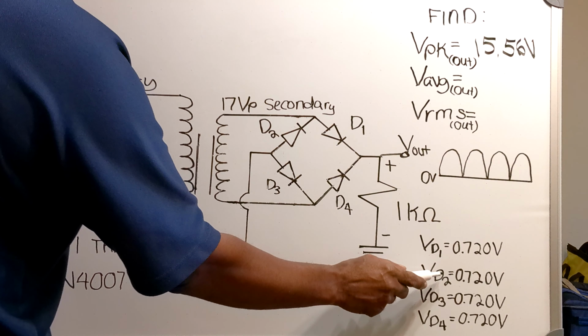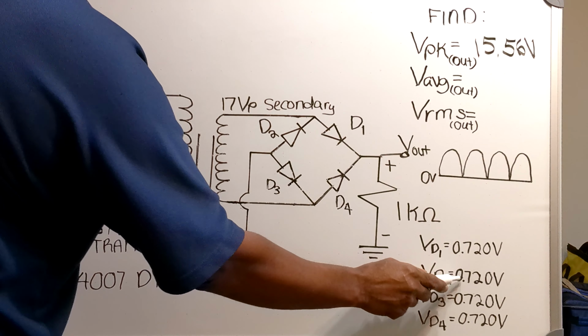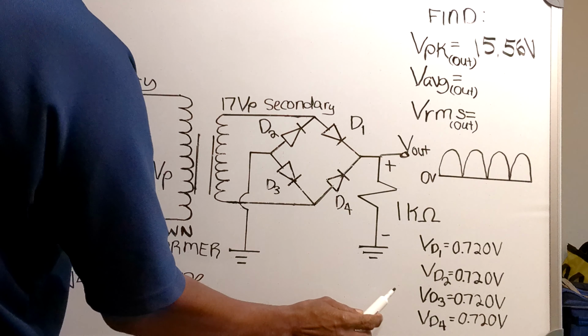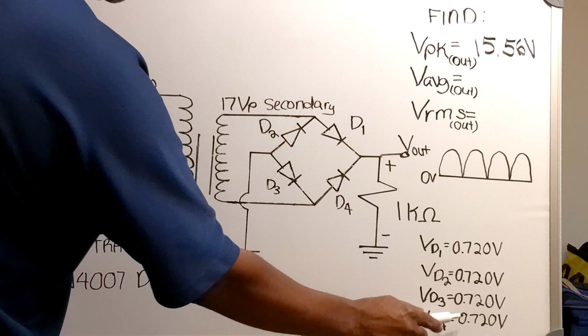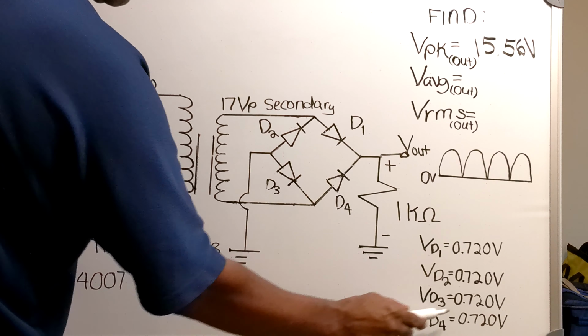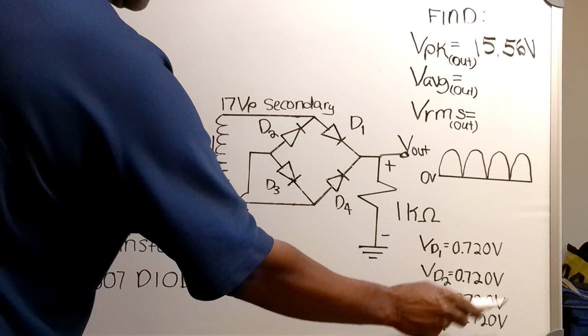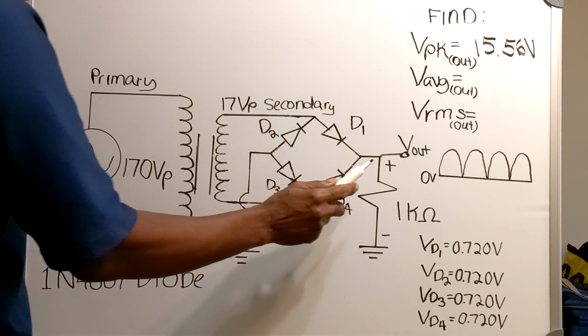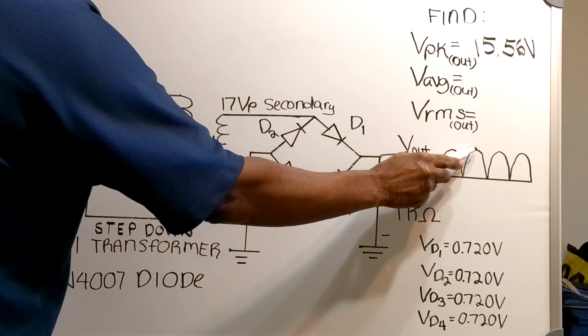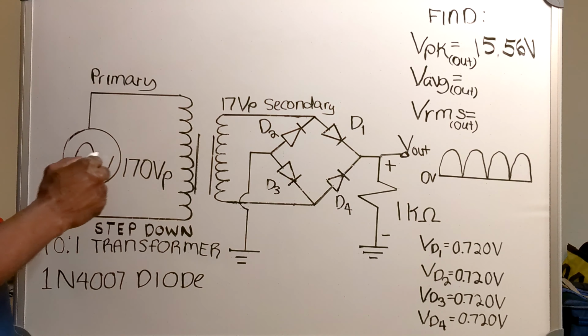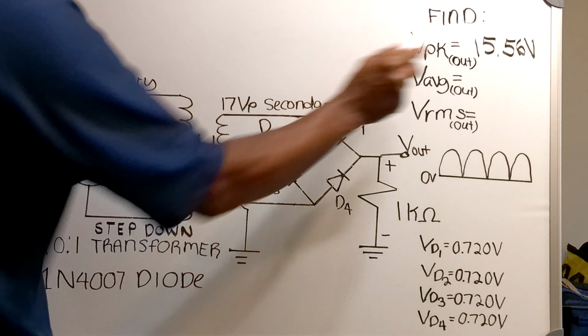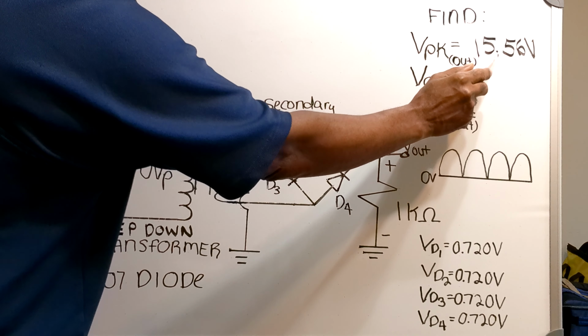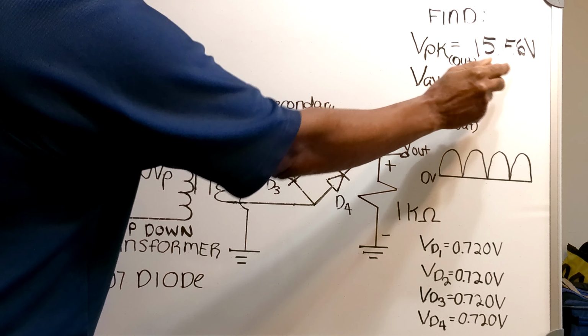These voltages are also 0.720 volts. And on D4, 0.720 volts, which means that the peak voltage on the negative alternation will also be 15.56 volts.